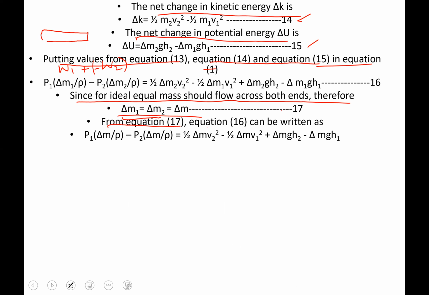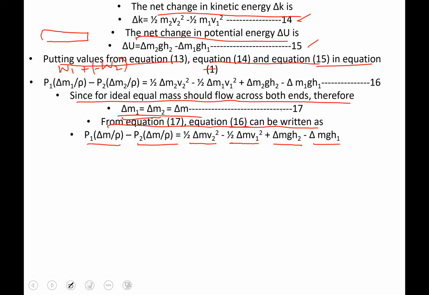From equation 17, equation 16 can be written as P1 into delta M divided by rho minus P2 into delta M divided by rho. Now instead of M1 and M2, we have replaced it by delta M. And similarly on the right hand side, half delta M V2 square minus half delta M V1 square plus delta M G H2 minus delta M G H1.